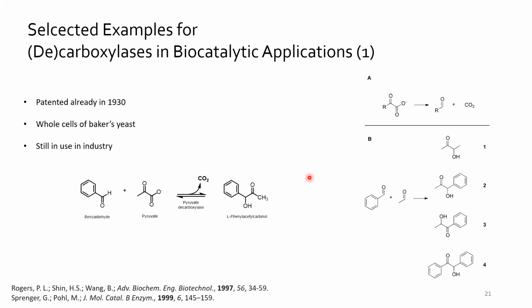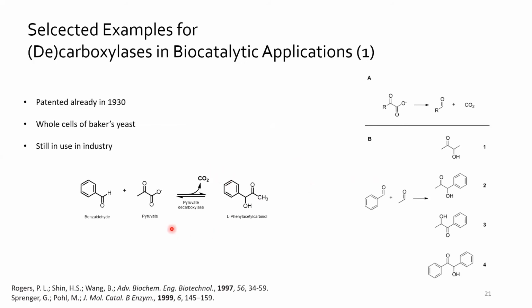Good. This leads me to just some examples from literature. I would like to show you this example, which is actually very old, but it's interesting because it's still performed on industrial scale. So this reaction was patented already in 1930.